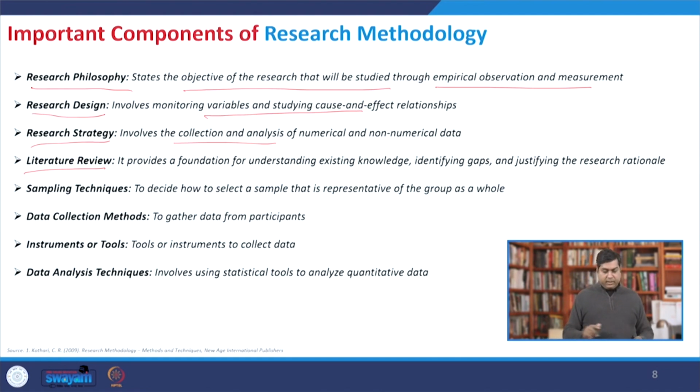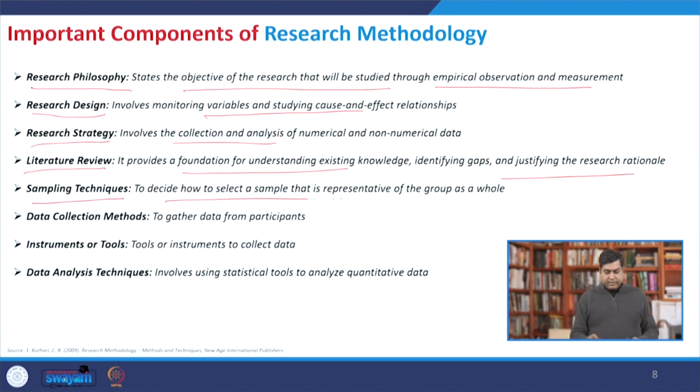So it is better that it provides a foundation for understanding existing knowledge, identifying the gap and justifying it. If 100 people are saying it is very important, there is a consciousness that it is important. Or else, if some research is already being done in a huge manner, doing the similar thing may not add much value to the body of literature.